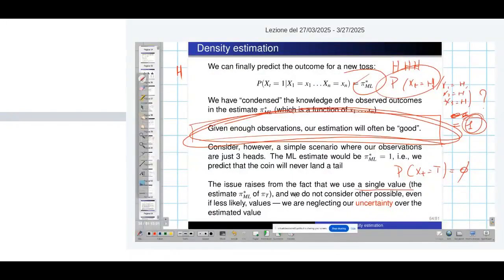What is the problem is that if we have few samples, essentially we are neglecting what in the Bayesian world is called the uncertainty over the parameters pi. The parameter pi is an unknown quantity. The frequency is treated as an unknown value that we need to estimate. From the Bayesian point of view, since this is an unknown quantity, it should be described in terms of the mathematical concept that we use to represent unknowns.